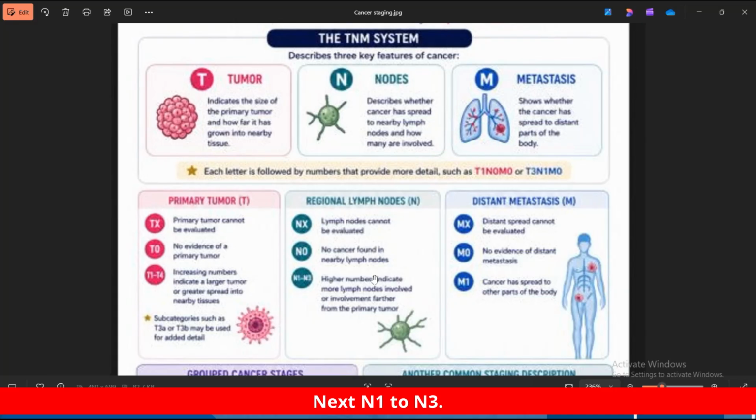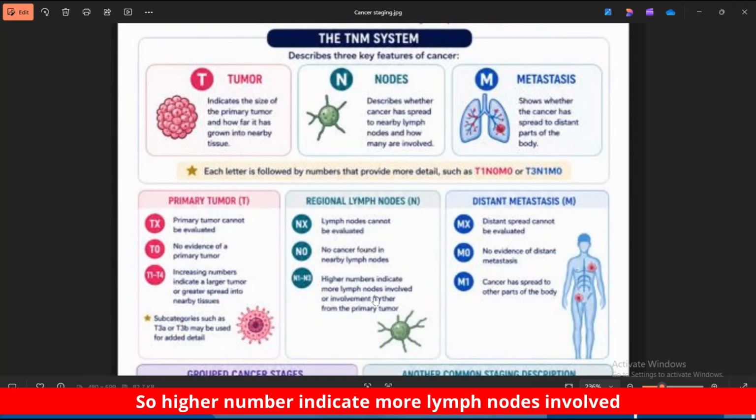Next, N1 to N3, same here. N1 means smaller lymph node involvement, N3 means the lymph node cancer is larger or more extensive. A higher number indicates more lymph nodes involved, or involvement further from the primary tumor. Basically, in lymph nodes we have stations.